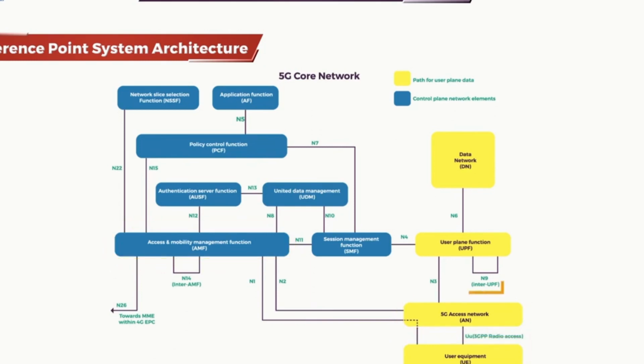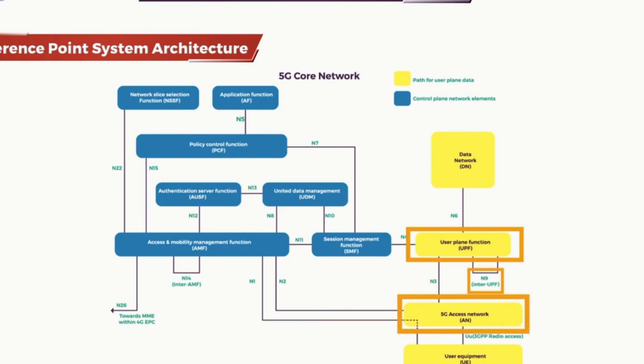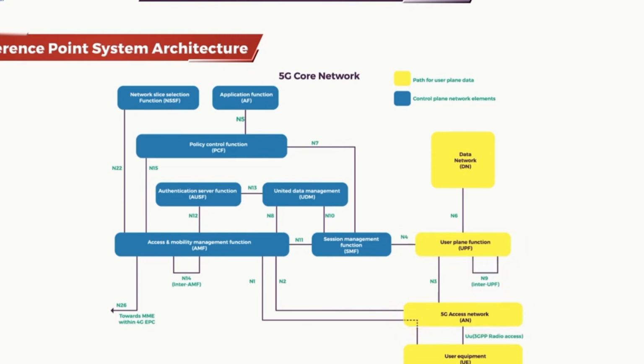The N9 reference point is used to interconnect user plane functions. A first UPF can be deployed to provide connectivity to the 5G access network, while a second UPF can be deployed to provide connectivity to the external data network. The N9 reference point defines the connection between the two UPF. Similarly, the N14 reference point defines the connection between two AMF.